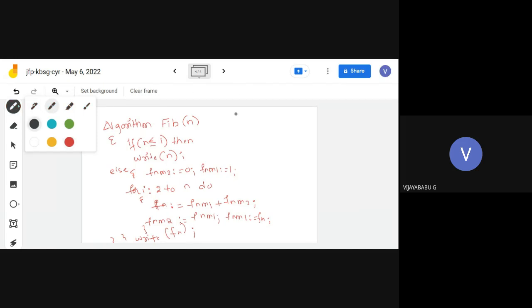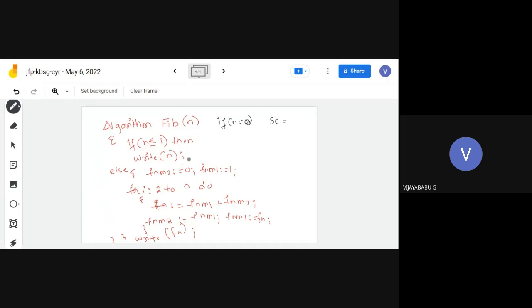Right. So if you take this into consideration, we have things like if n is less than or equal to 1, then write n. So that means if n is equal to 0, what will be the step count?